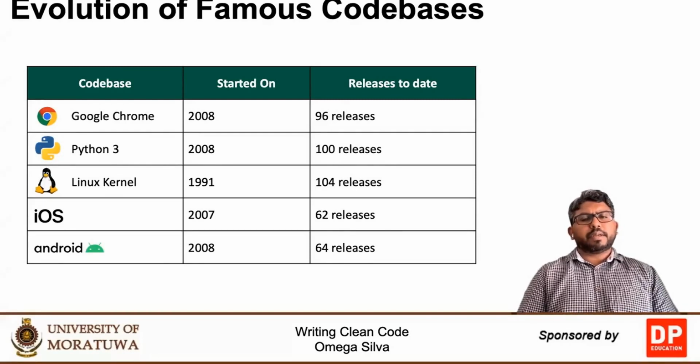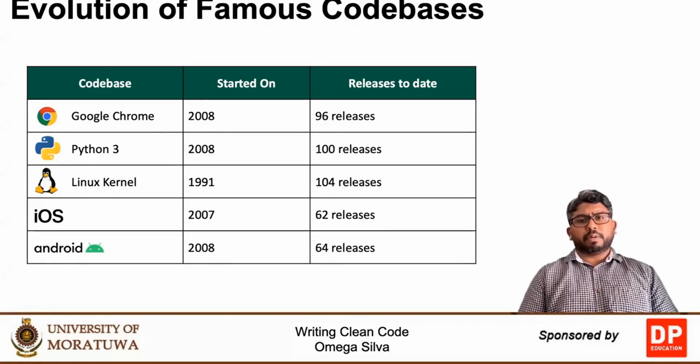Now we understand that code bases change over time. Let's have a look at some code bases of famous software tools that we use in our day-to-day life. Mind you, all these code bases that I have listed here contain millions of lines of code, and they are still active, as in developers are working on changing and adding new code up to this point in time.